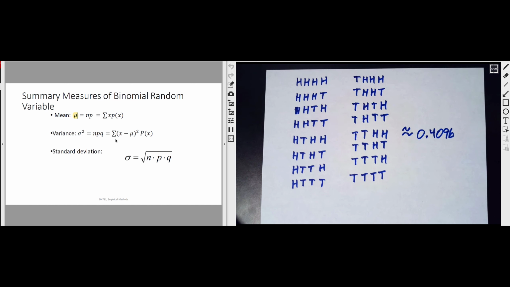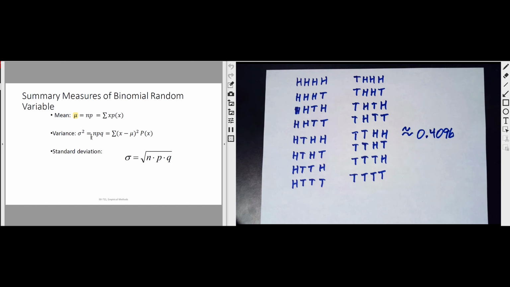The variance is the sum over the possibilities of the number of successes that we get, minus the mean, squared, times the probability of that many successes.